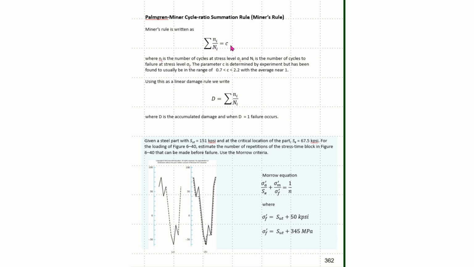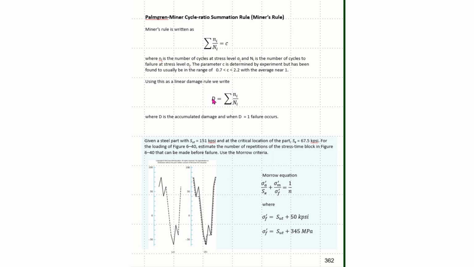And this is equal to C, and C is determined experimentally, and it's been shown to mainly fall between 0.7 and 2.2 with the average near 1. And we're going to introduce what we call the linear damage rule, and this constant D, which is called the accumulated damage. And when D equals 1, failure occurs.